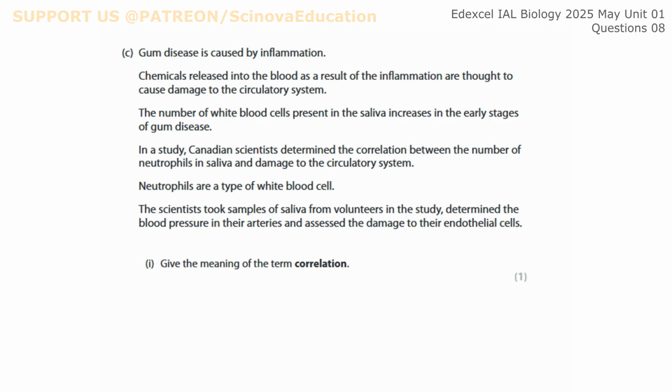In a study, Canadian scientists determined the correlation between the number of neutrophils in saliva. We know neutrophils are a type of white blood cell and damage to the circulatory system. The scientists took samples of saliva from volunteers in the study, determined the blood pressure in their arteries, and assessed the damage to their endothelial cells.